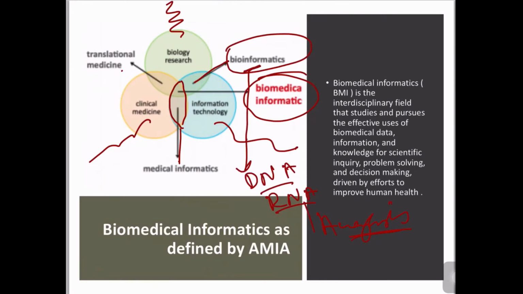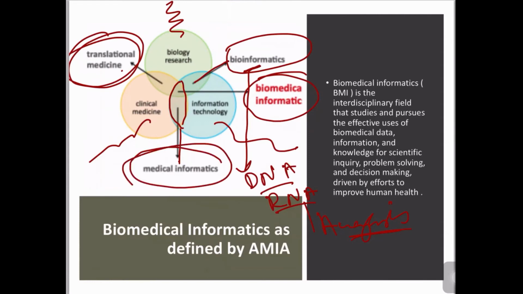However, on the other side, translational medicine is more about the application of some protocol or some kind of technique. And medical informatics basically studies whatever comes in the hospital environment. Health informatics is the more umbrella term, more generic.